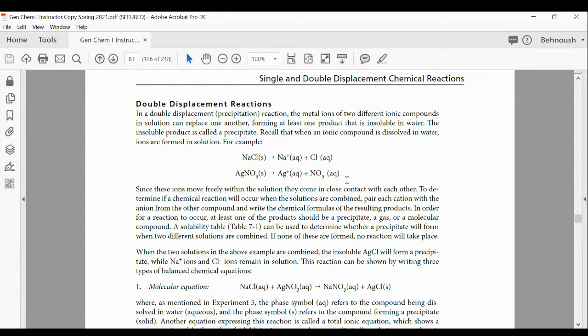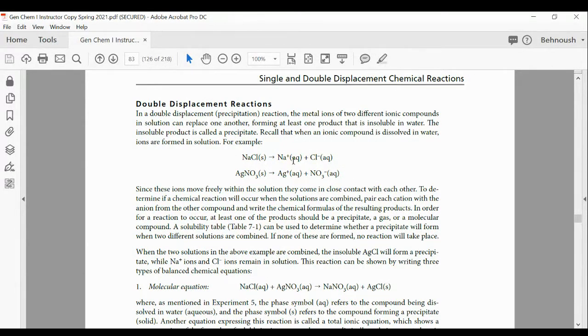When it comes to double displacement reaction, you have two compounds in aqueous solution form, and if the two compounds can give a more stable product, it is going to form.